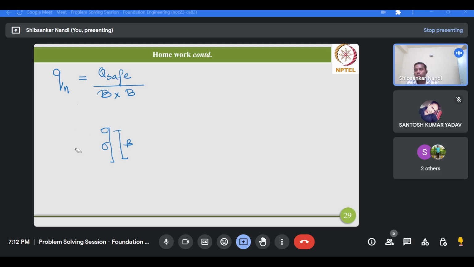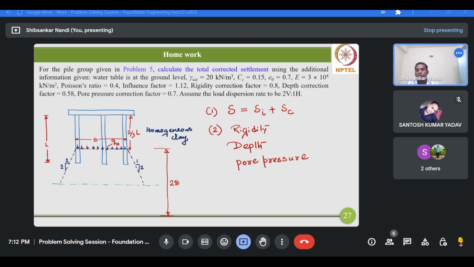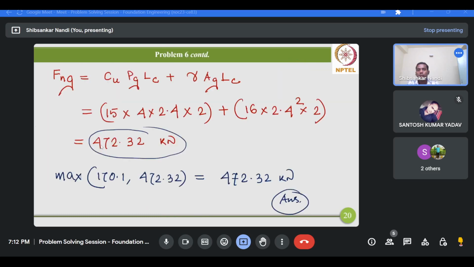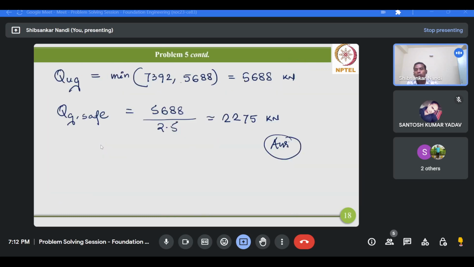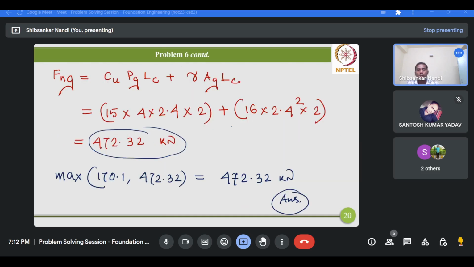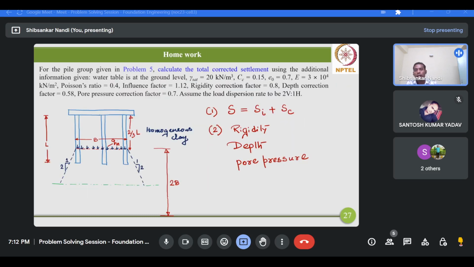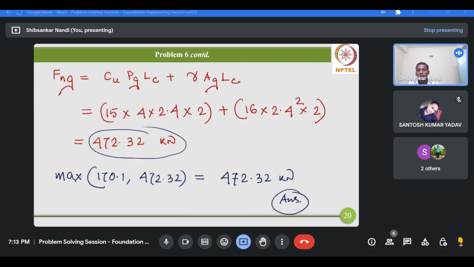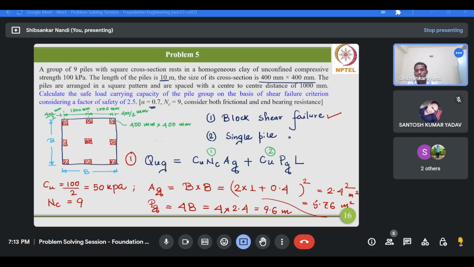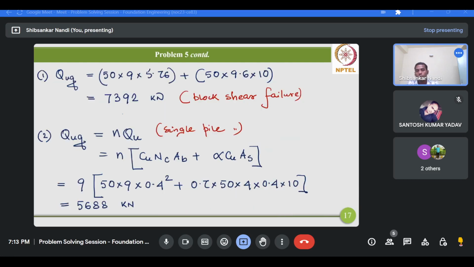This safe load we have already worked out in problem 5: the safe load carrying capacity of the pile group as 2275 kN. So we will consider this load for the calculation of Qn: 2275 divided by the dimension, which is 2 multiplied by 1000 plus 400, that is 2.4 meter.